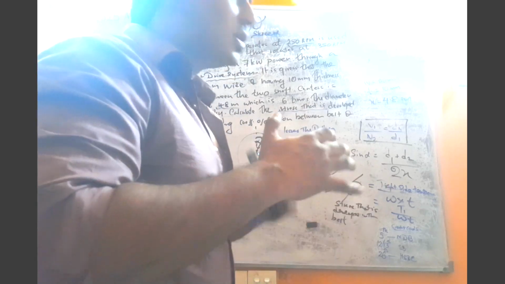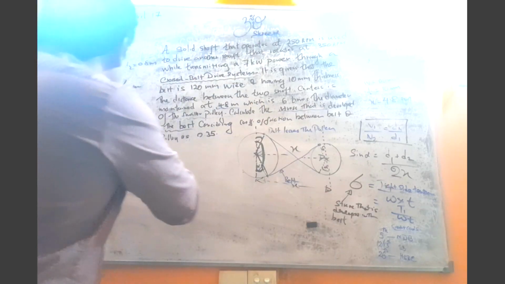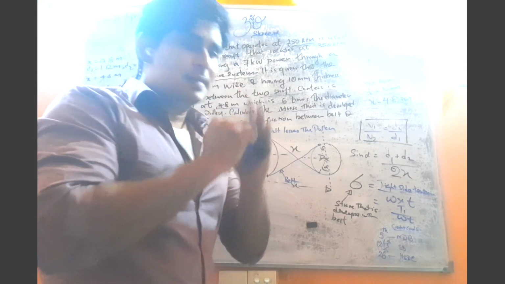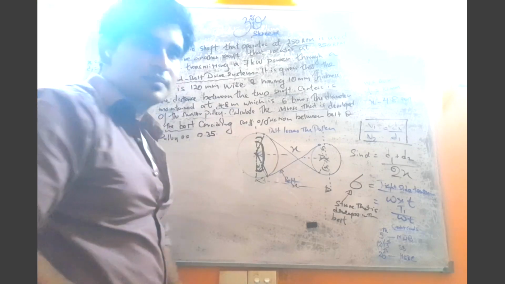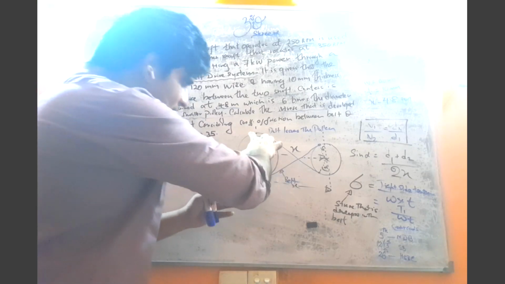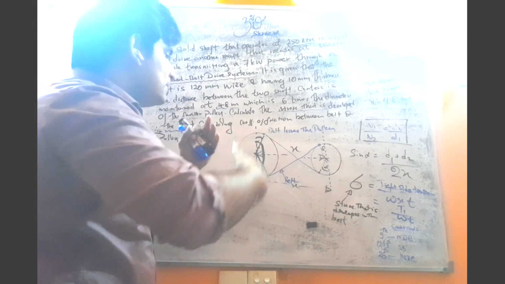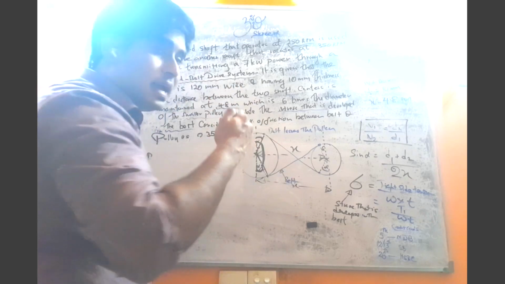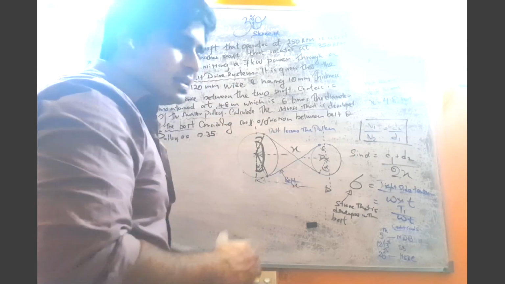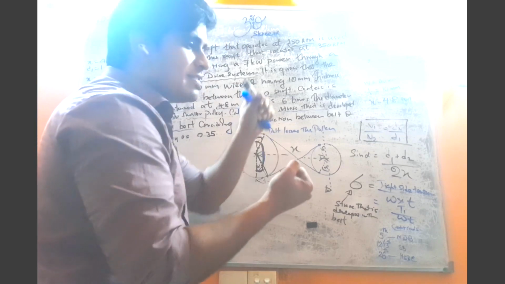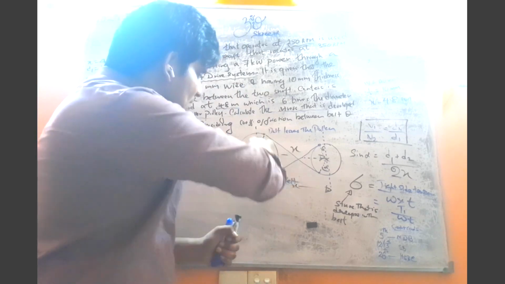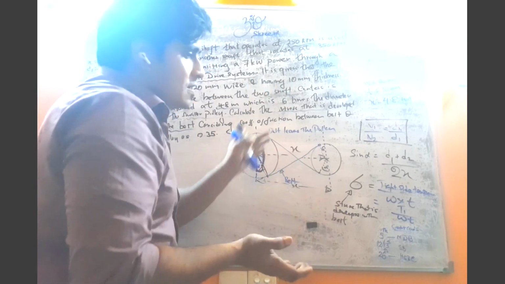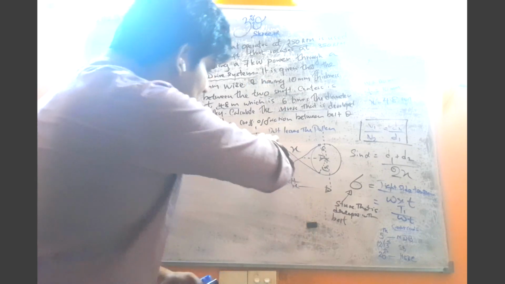Correct. So now let's consider what is this angle of lap. The angle of lap is that particular angle where this pulley, either the larger pulley or the smaller pulley, is actually covered or wrapped by this belt, right?